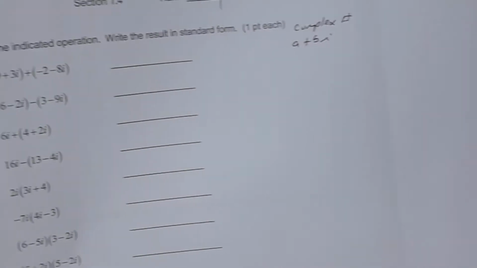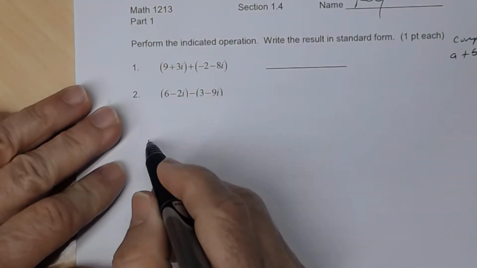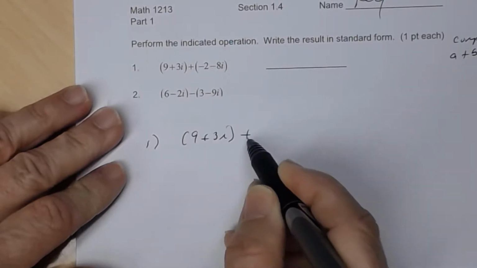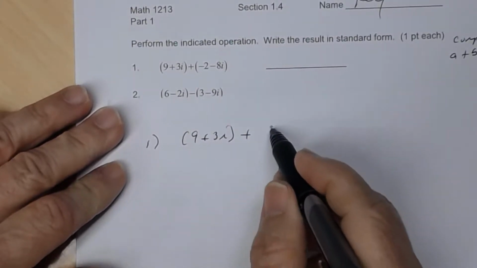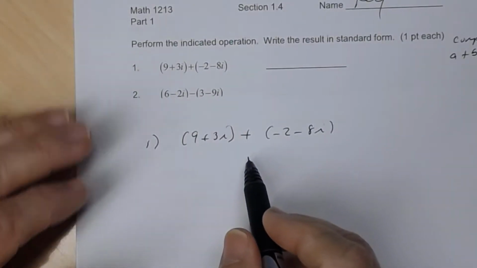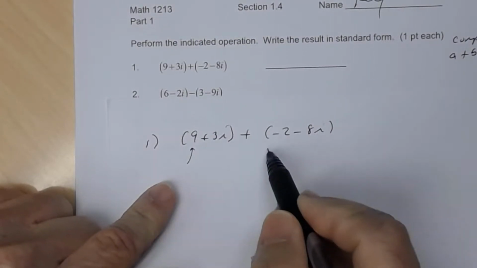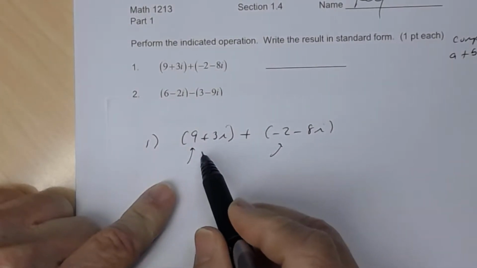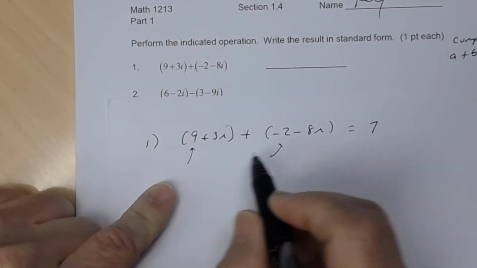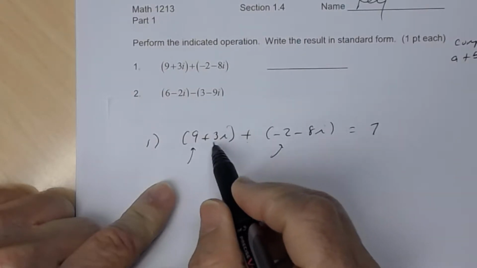Okay, so in number 1, we have these two complex numbers. So we have 9 plus 3i, and we're adding this complex number to this complex number. Now, adding complex numbers is fairly easy. So you're just going to add the real parts. So 9 plus a negative 2 is 7, and then you're going to add the imaginary parts, the imaginary terms.